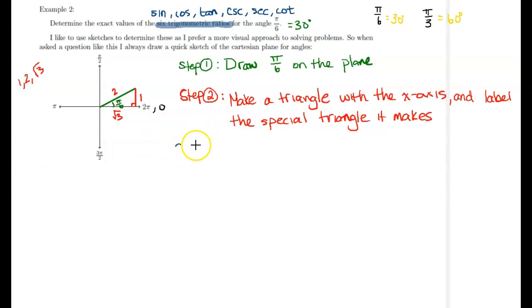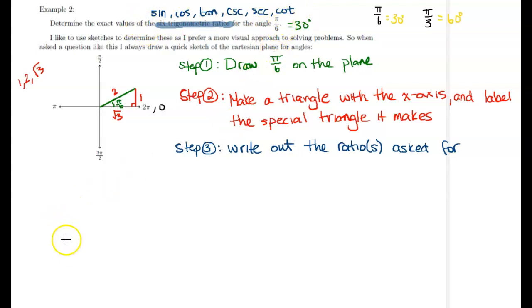Step 3. Now we are going to write out the ratio or ratios, depending on what they've asked for. I'm going to write out the ratios asked for in the question. Well, they asked for all 6. So we're going to write out all 6 ratios for pi over 6.